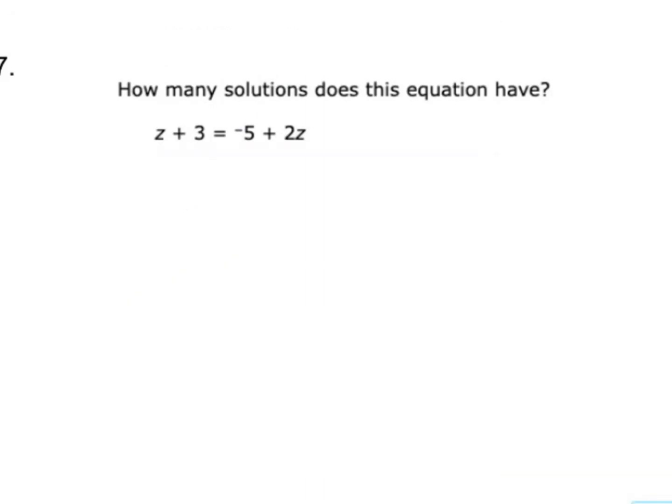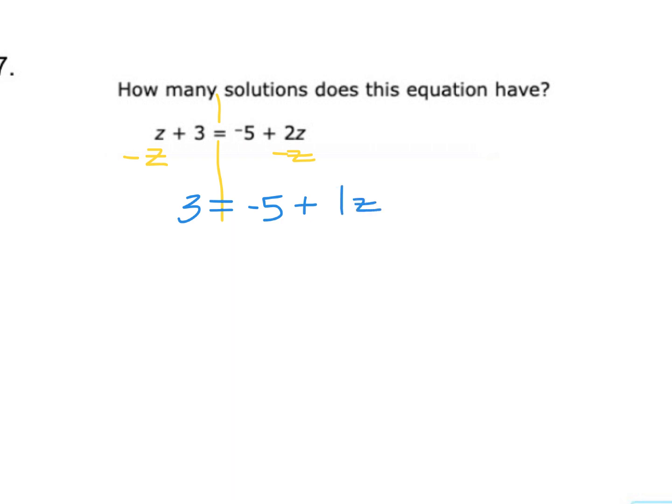Okay, last one. We want to get our letters together first. I like to move the smaller letter over to join the bigger letter. So let's see, I get 3 on the left. So 2z minus z is 1z.